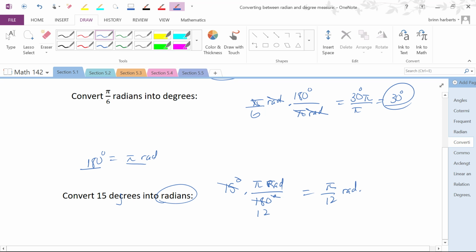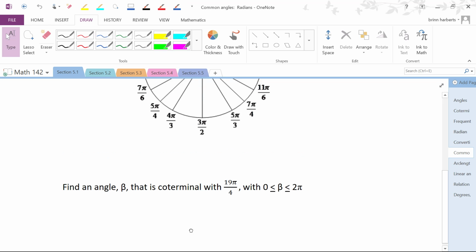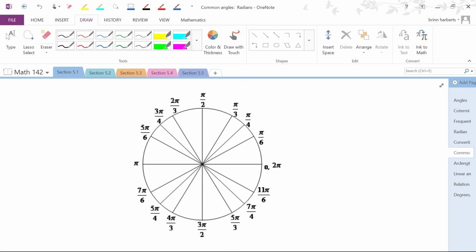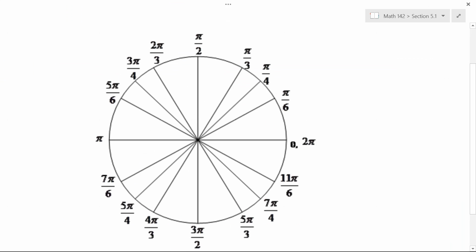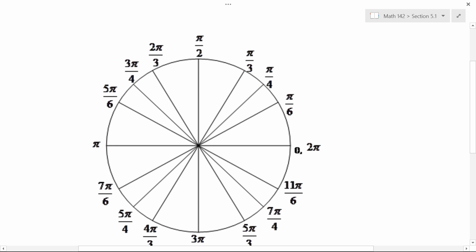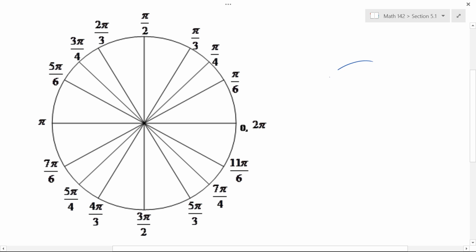Okay. Radians I know are really uncomfortable at first. I promise you get used to them. But let's look at some common angles here so we can see it. Okay. I'll make this as big as I possibly can. They've built this circle so you can see where it comes from by taking an entire circle, and first they split it in half.